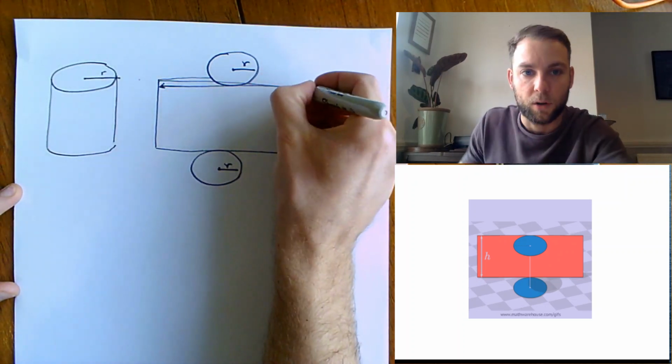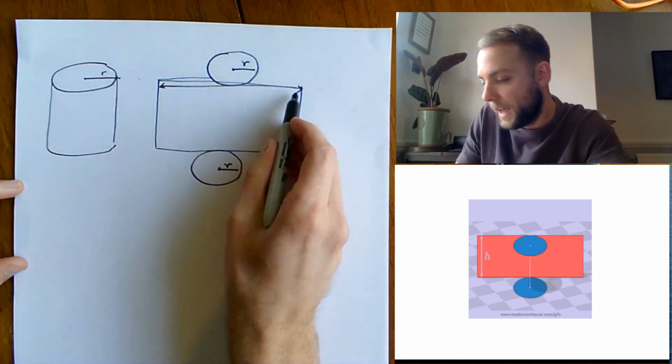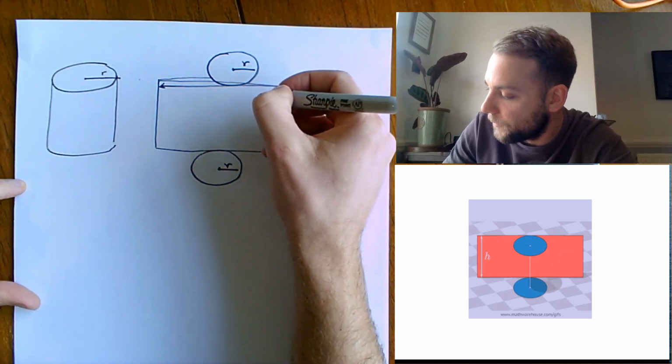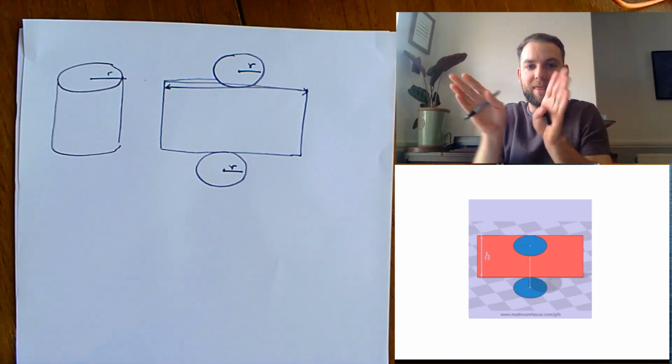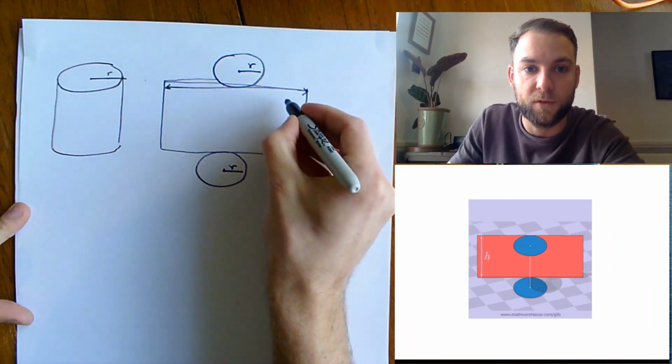This here is the same as the circumference of this circle. It's that band that folds around. So this band which folds around is the same as this circumference here.